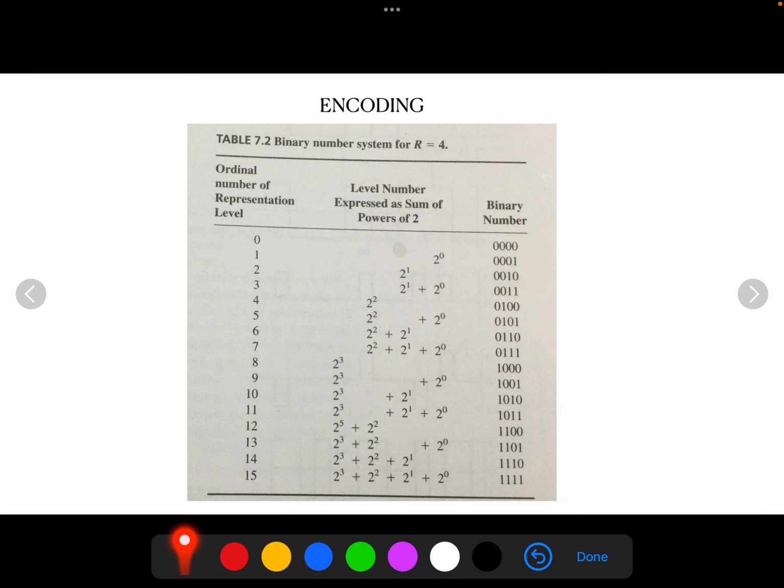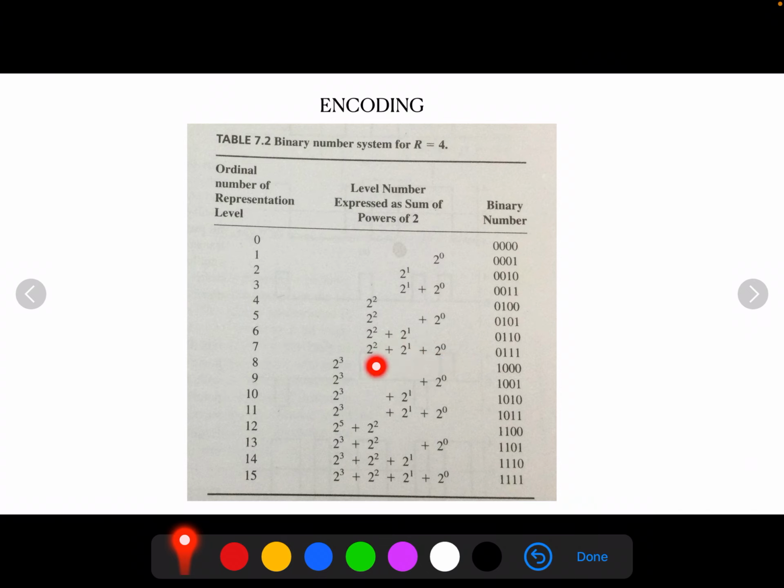Next number is 2. In order to have 2, the level number expressed in powers of 2 is 2 power 1, which is 2. So its binary number is 0, 0, 1, 0. Similarly, let me take a random number like 7. In order to have representation level 7, it can be represented as 2 power 2 plus 2 power 1 plus 2 power 0.